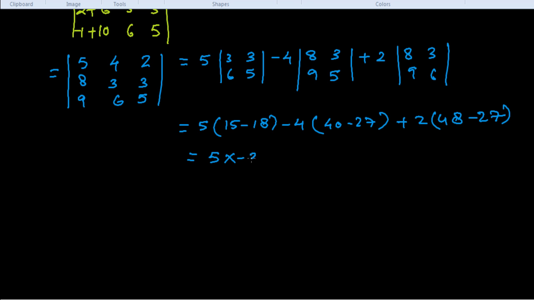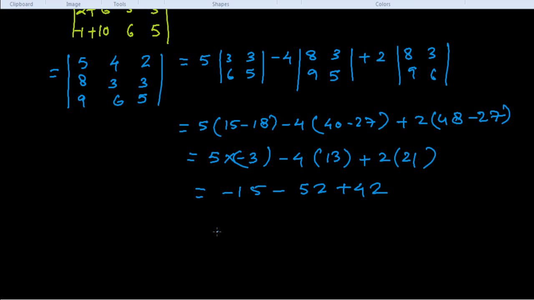You get here 5 into minus 3, minus 4 into 13, plus 2 into 21. It is minus 15 minus 52 plus 42.